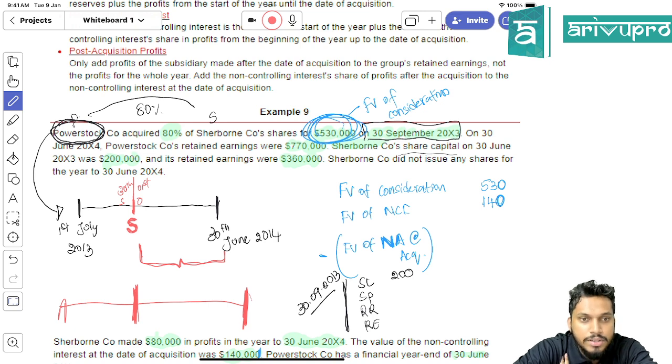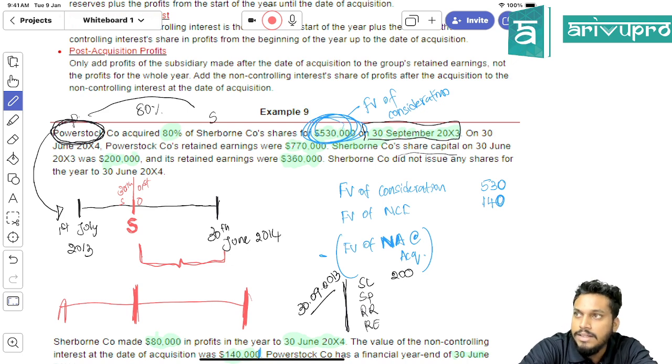Anything wrong with the share capital? Share capital, everyone understood? Okay. And they are telling that its retained earnings is 360,000. Sherburne Company did not issue any shares for the year ended 30th June 2014.